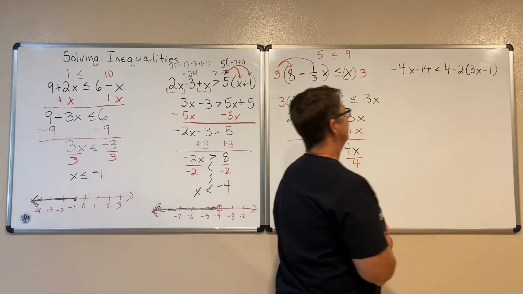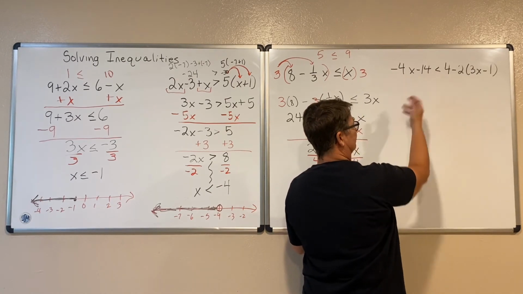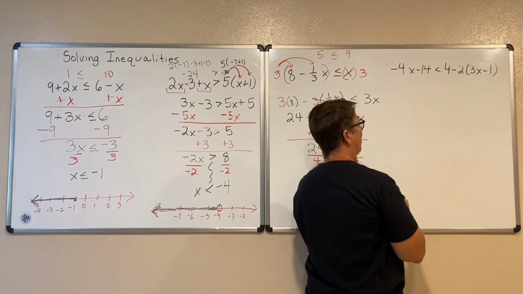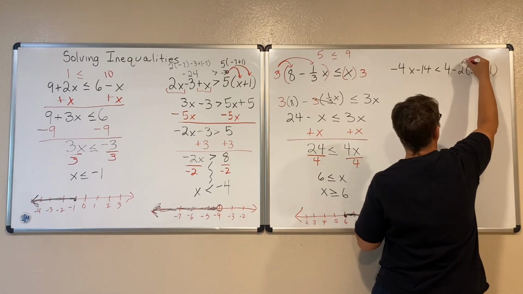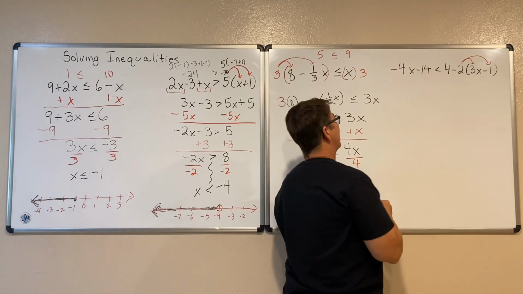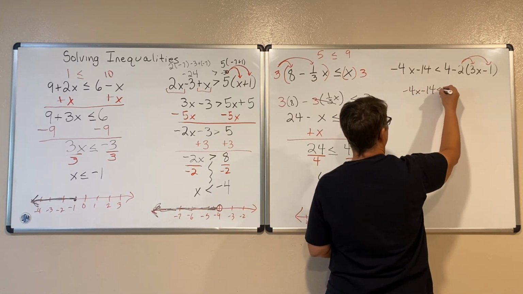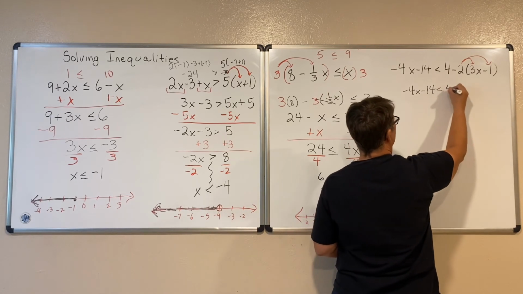One last one. Again, we want to simplify on both sides. On the left, there's nothing to simplify, but on the right, I can distribute my values so that I end up with negative 4x minus 14 on the left, and on the right, I have 4.